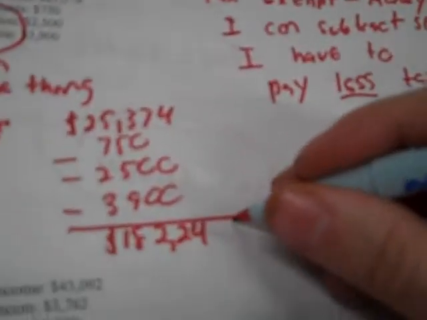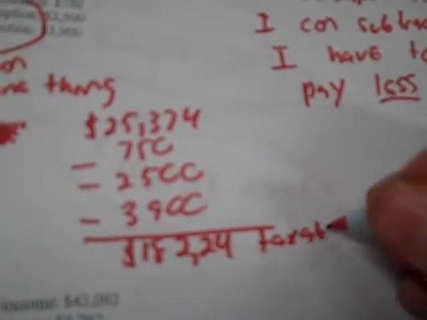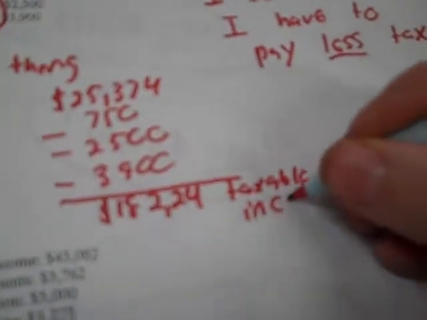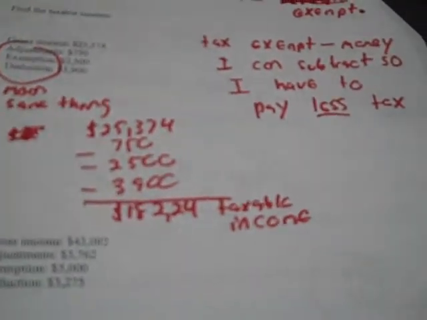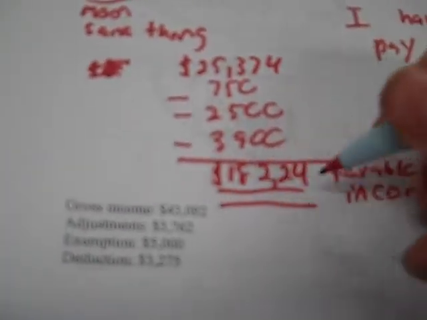And that's what's known as your taxable income. Okay, now taxable income is the amount I look at this sheet for, $18,224, okay? So look up 18,000, okay, and 224. So 18,000 is right here, okay?